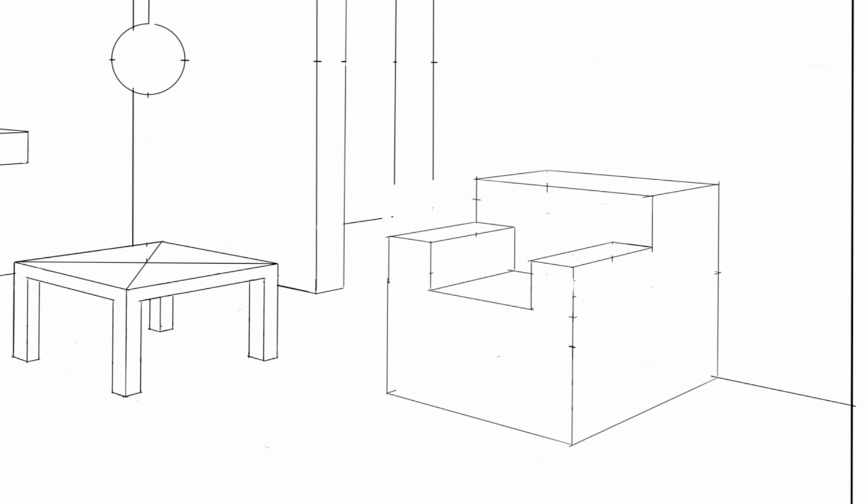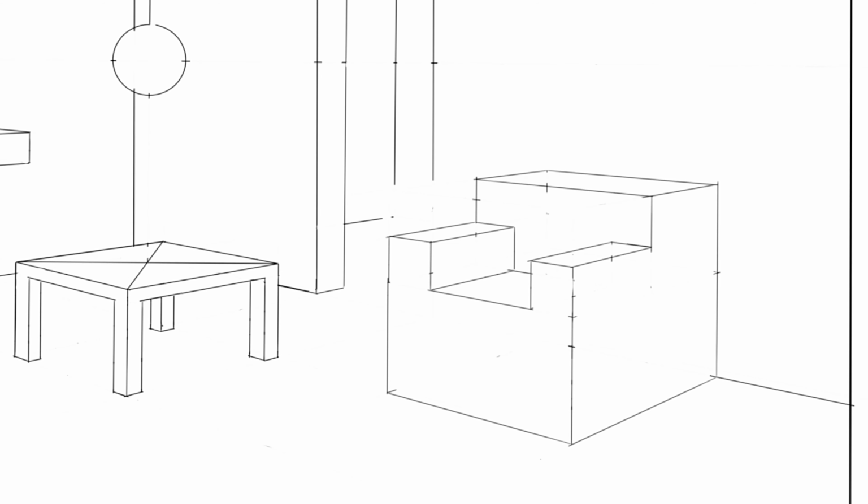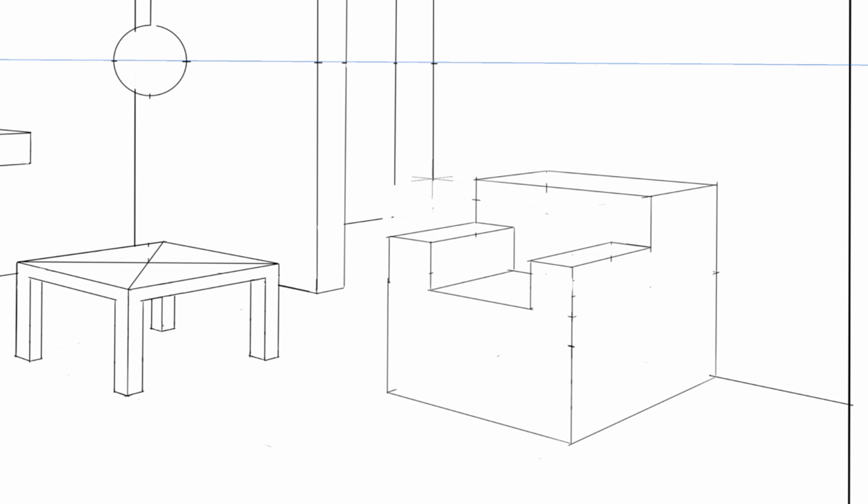So let's bring these, this is dark, let's see here. Now I can bring this stuff back, so I know where that's going to disappear behind the chair. Too dark, I believe.